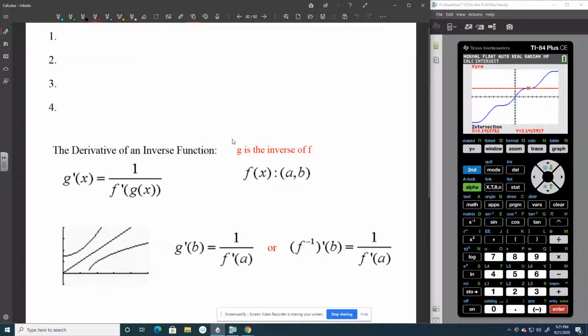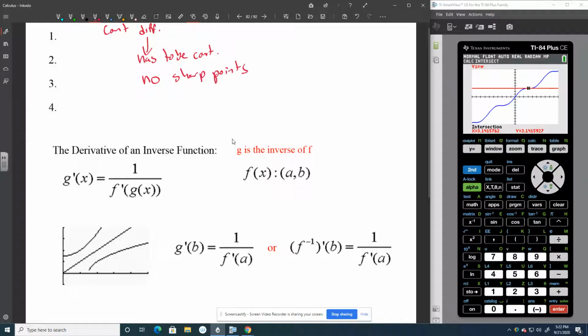So a couple of things to remember about continuity and being differentiable. Okay. First of all, to be differentiable, it has to be continuous. Okay. Our function has to be continuous, which means we can't have any sharp points.